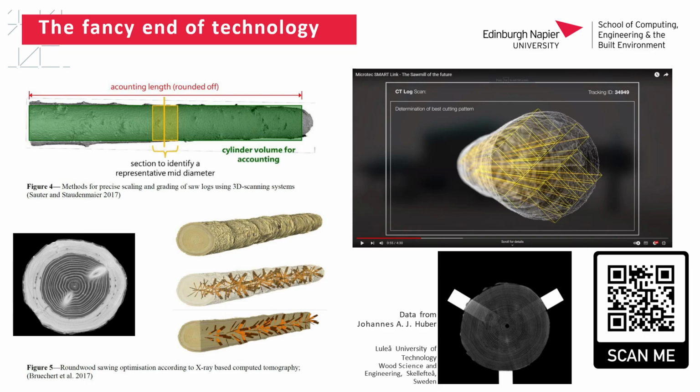The log literally goes through the machine and gets x-rayed, a two-dimensional x-ray, and it builds up models like that, and it then determines a cutting pattern and what the grade of each of these boards would be, dependent upon all the defects in that log.